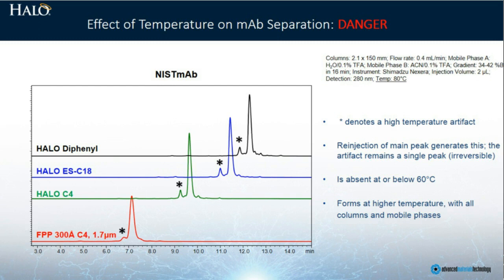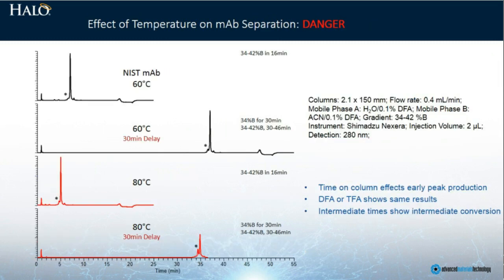It precedes the main peak, and as we've investigated this, the accumulation of that early eluting material is time and temperature dependent. As we leave it longer on column with a delay experiment, we see accumulation at 60 degrees, and we see a more rapid accumulation at 80 degrees temperature of operation. And we see this whether we're using difluoroacetic acid or trifluoroacetic acid as the modifier.